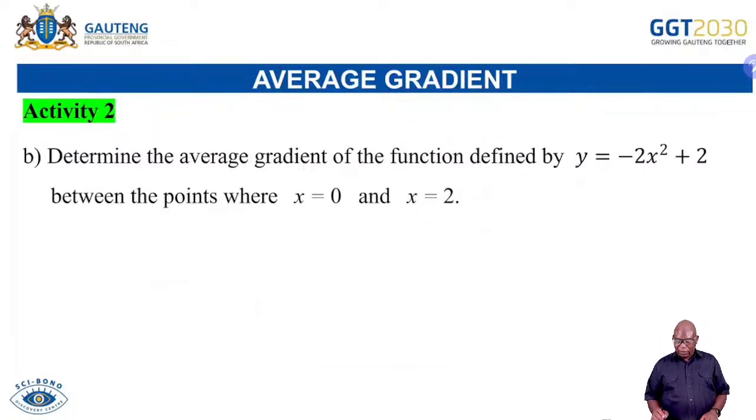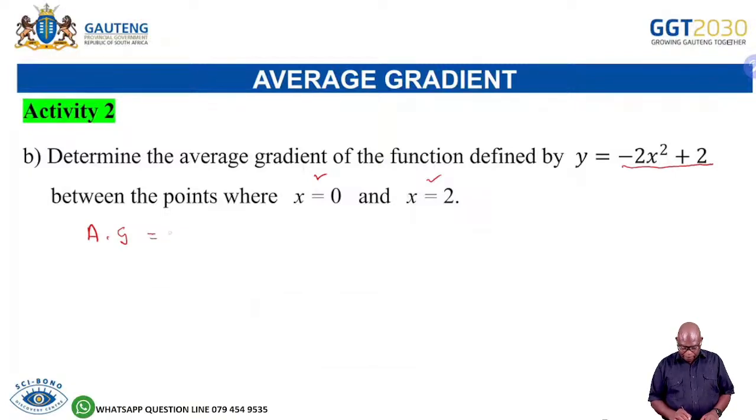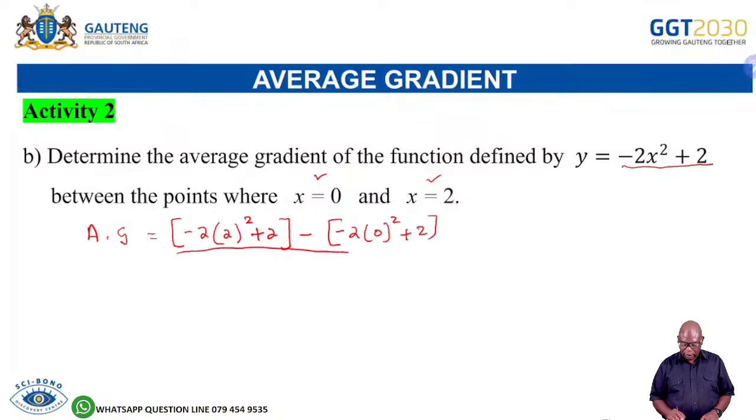Determine the average gradient given the function minus 2x squared plus 2, between those 2 points. Same thing that I'm going to do, average gradient is going to be minus 2, first substitute by 2, plus 2. Then from there I substitute by 0 squared plus 2. Then I'm going to divide everything there by 2 minus 0.